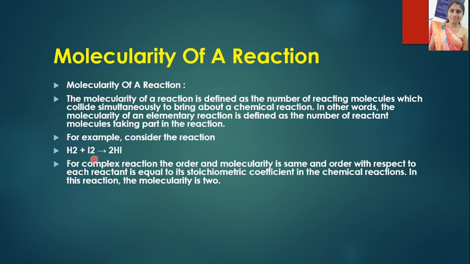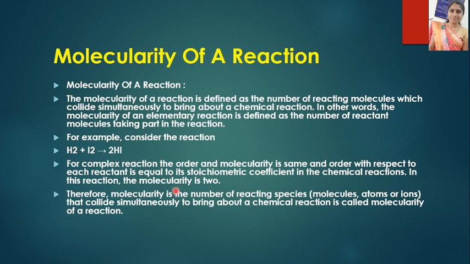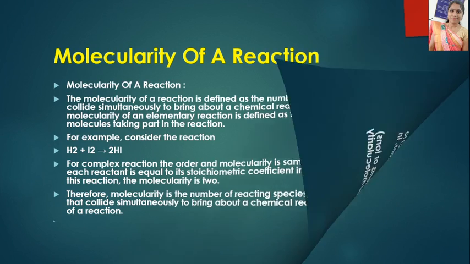In this reaction, molecularity is 2 because how many reactant molecules are taking part in the reaction? H2, 1 molecule, and I2, 1 molecule. So molecularity is 1 plus 1, that is 2. So molecularity is the number of reacting molecules that collide simultaneously to bring about the chemical reaction.